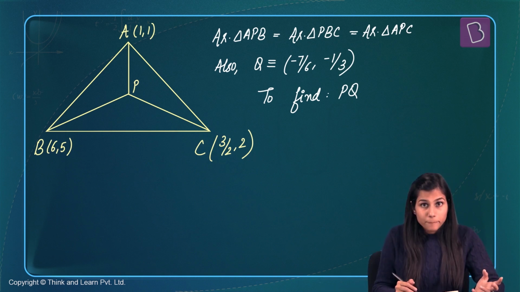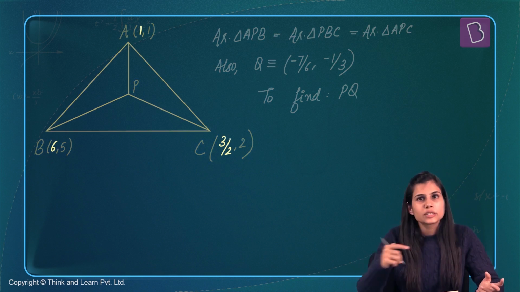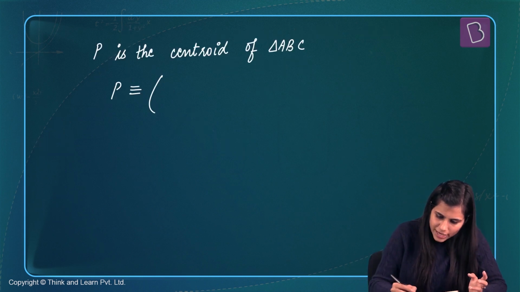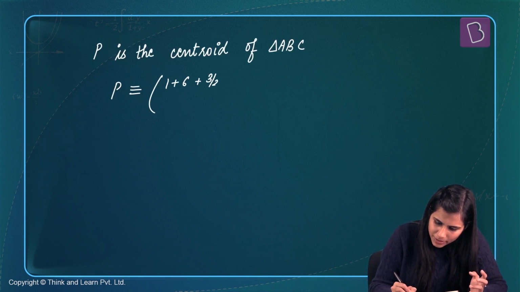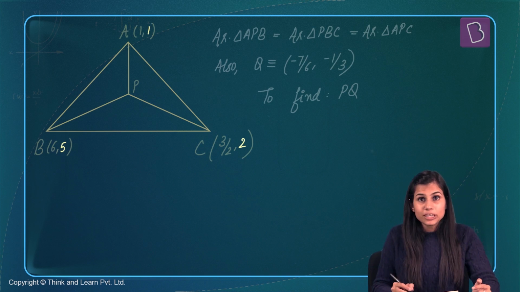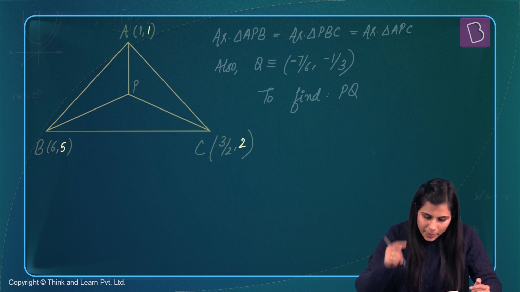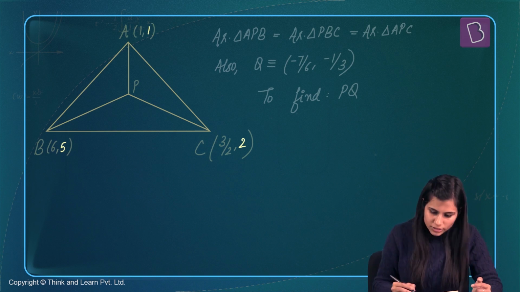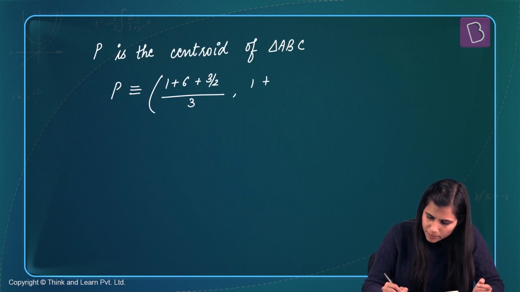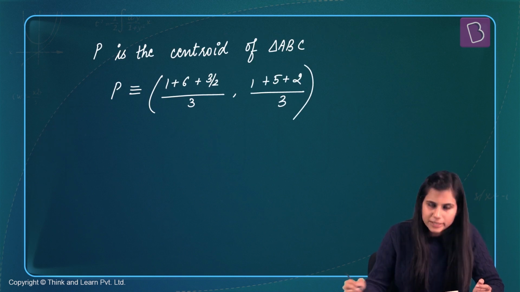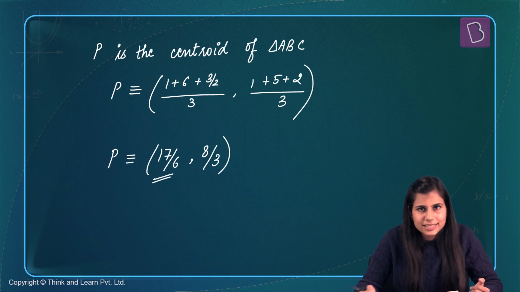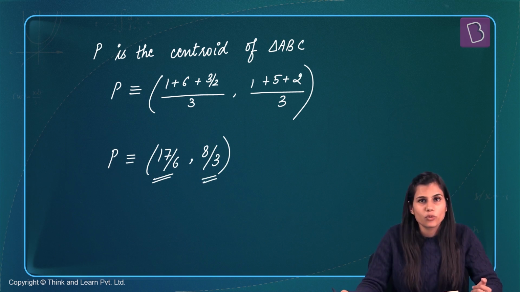It's going to be nothing but the arithmetic mean of the x-coordinates of the points A, B and C. That means 1 plus 6 plus 3 whole upon 3, this is the x-coordinate of point P, and the y-coordinate is going to be the arithmetic mean of the y-coordinates of the points A, B and C. That means 1 plus 5 plus 2 whole upon 3. Right. When you solve this, it's just pretty calculation. You're going to get 17 by 6 as the x-coordinate and 8 by 3 as the y-coordinate.